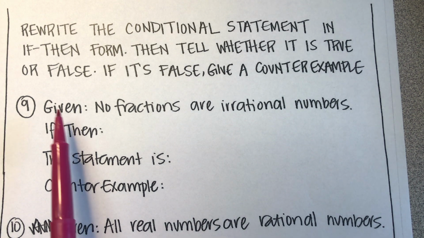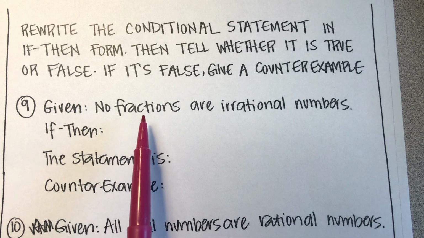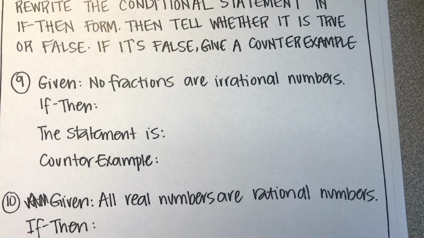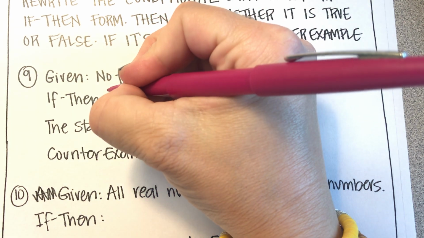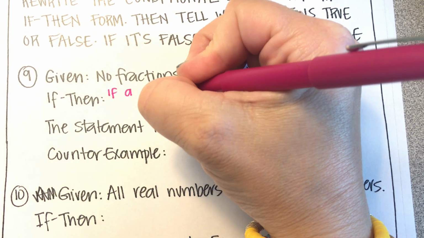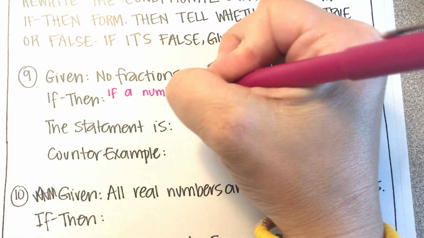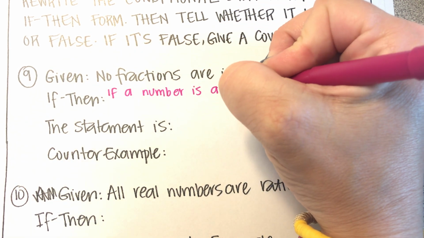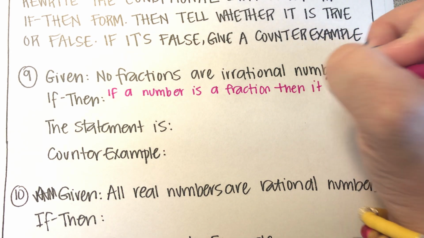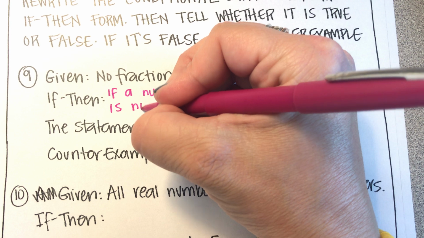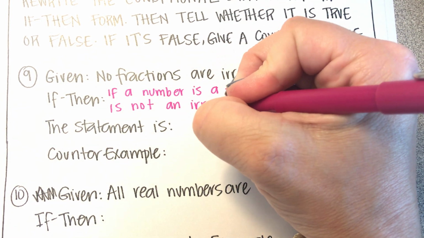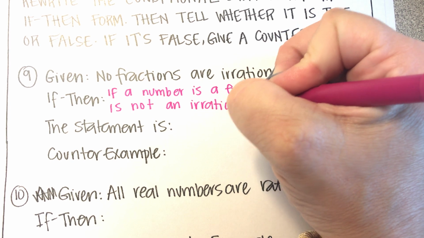Okay, so what we're given here is no fractions are irrational numbers. To write it in if-then, we're going to say if a number is a fraction, then it is not an irrational number.